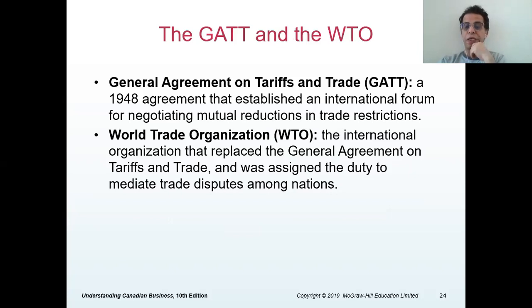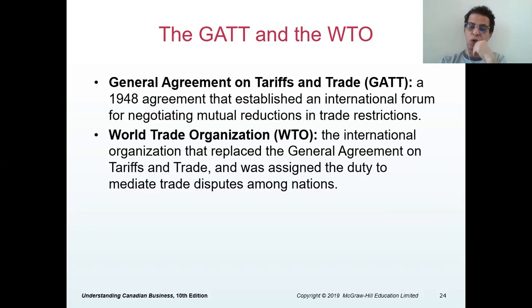We heard about GATT and the WTO, or World Trade Organization. GATT is the General Agreement on Tariffs and Trade, established in 1948. It is an international forum for negotiation and mutual reduction of trade restrictions. They're trying to create some kind of free trade within the world.